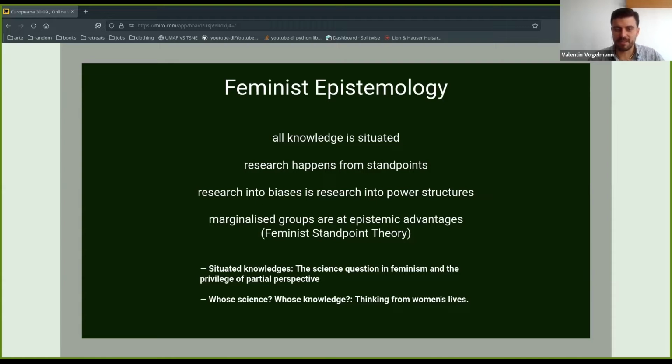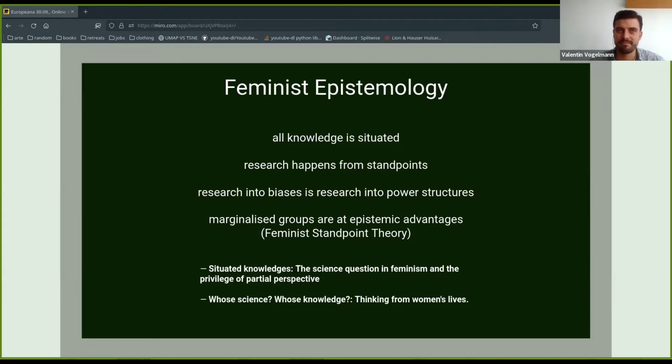That's at least what epistemologists would probably claim. And so if research happens from standpoints, then of course research into biases also happens from a standpoint. Now this is where the problem comes in, because that means that humans will probably have to do bias research, or that if an AI does bias recognition and we see that as research into bias, which I would definitely argue that it is, then this would happen from a standpoint.